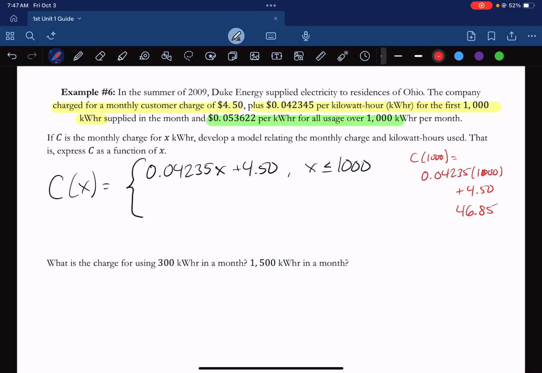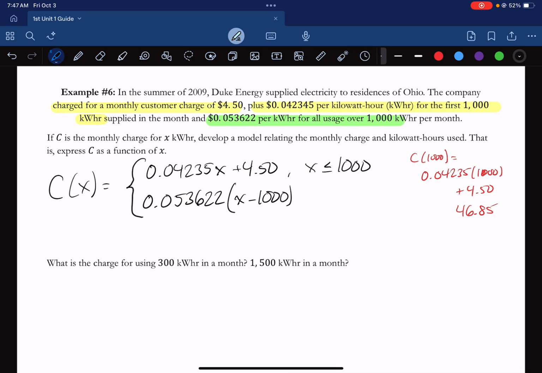So that is already, quote unquote, what is paid. So for everything over that 1,000, it's going to be that 0.053622. So that's my new slope. But since the first 1,000 kilowatts have already been paid for, I don't overcharge, I don't double count for those 1,000. So what I'm going to do is call this x minus 1,000.